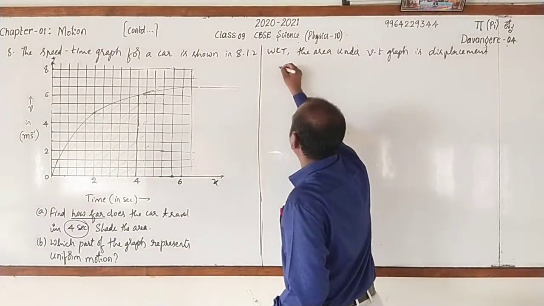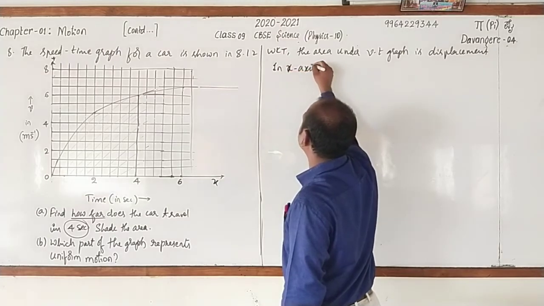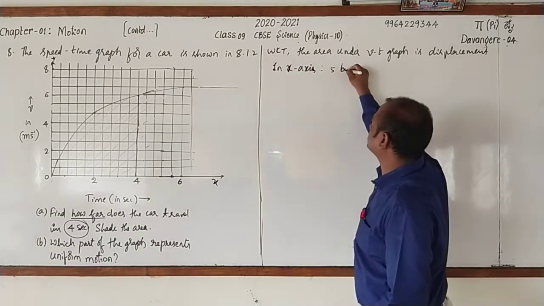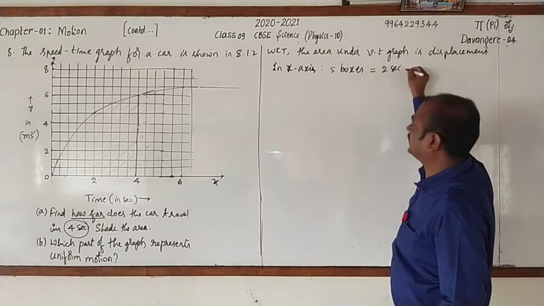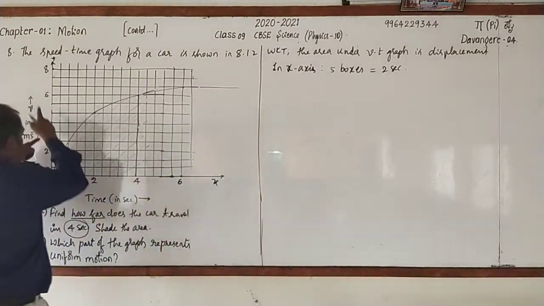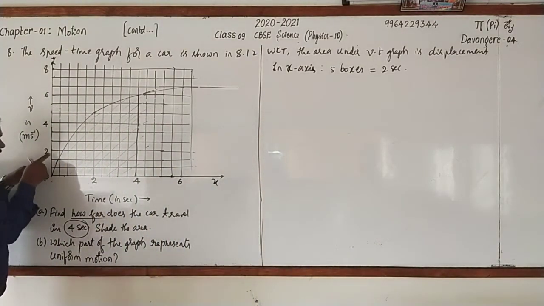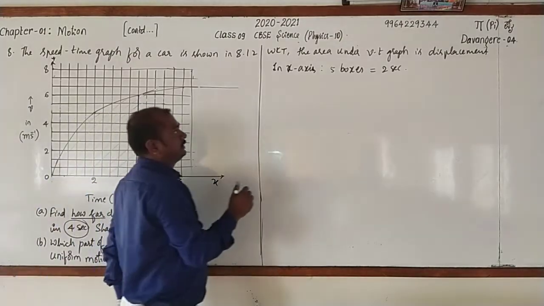Here I'll write in the x-axis: 5 boxes is equal to 2 seconds. What about the y-axis? 1, 2, 3. 3 boxes together make 2 meter per second. Here I'll write the same.